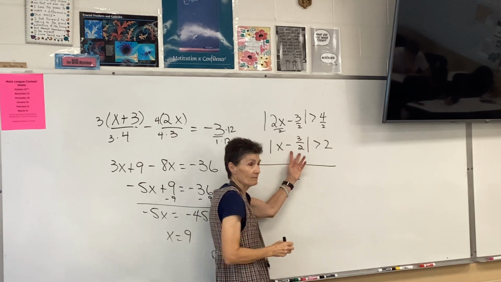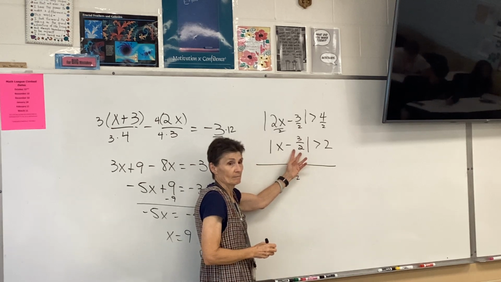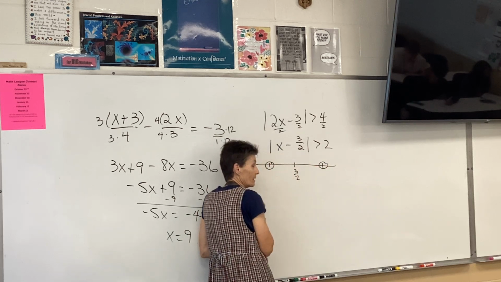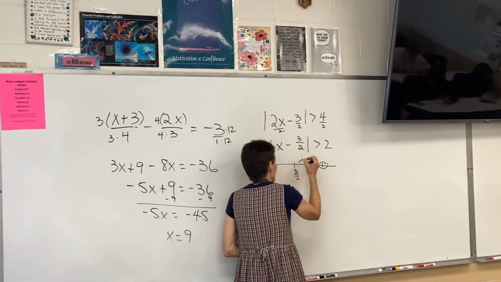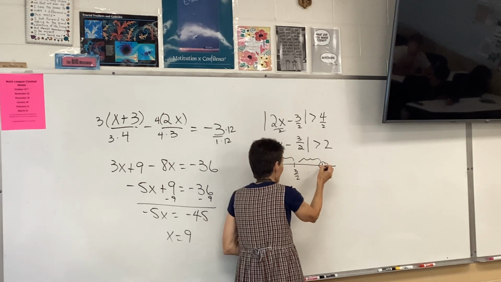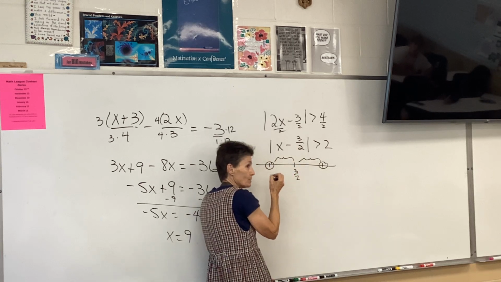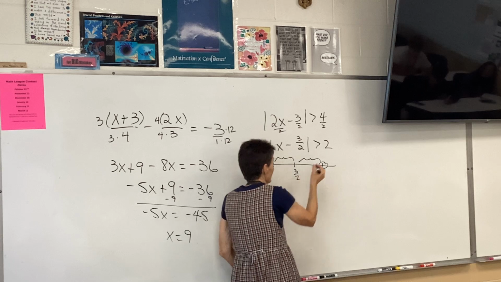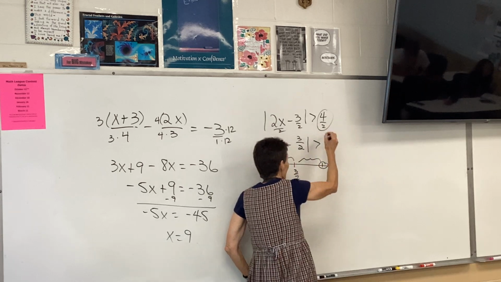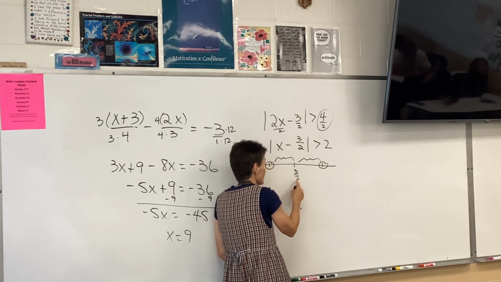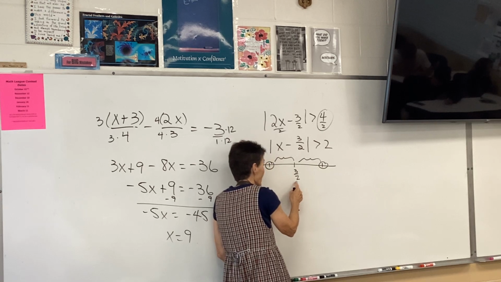The opposite of this. And then out here will be a dot, and out here will be a dot. And I will get that dot by counting backwards and forwards 2, which is 4 halves. So you can think of this as 1 1/2, or you can think of this as 3 halves. I don't care.